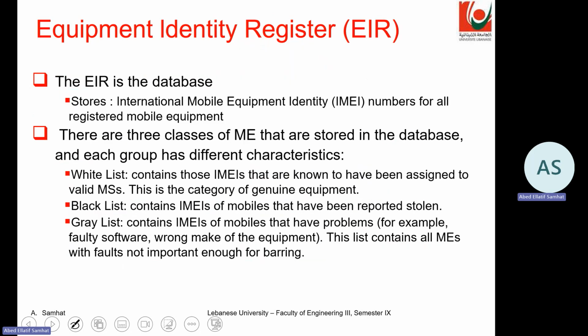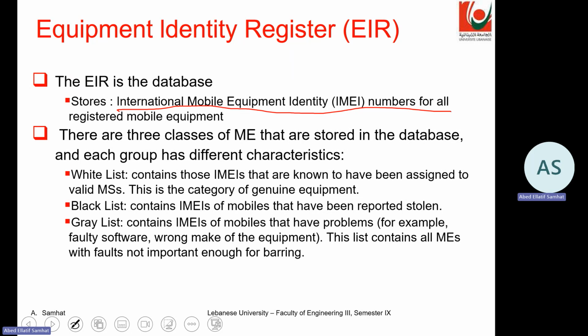Another equipment is the equipment identity register, and it's also a database that's used to store the International Mobile Equipment Identity. This is the identity of the mobile, of the device, the IMEI. This is used in order to create different lists.